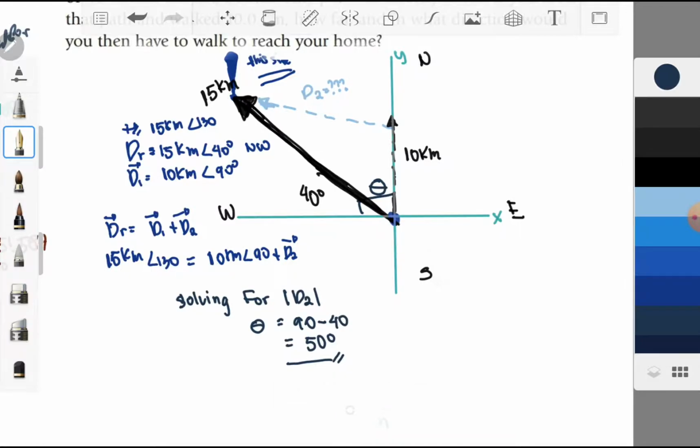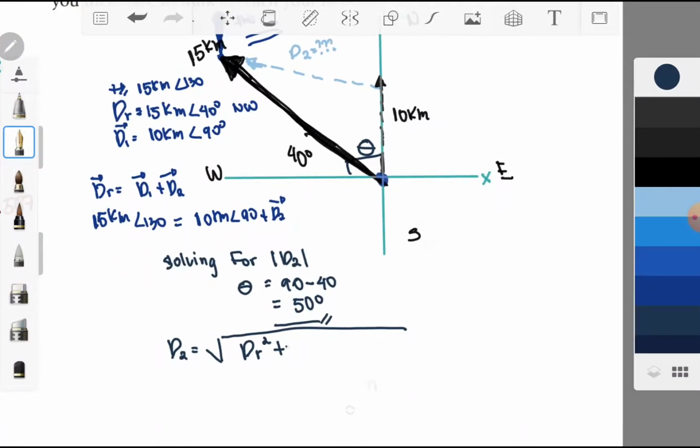So, you'll have your d2 is equal to square root of, from your cosine law, dR squared plus d1 squared minus 2 dR multiplied by d1 cosine theta, wherein our dR squared is equal to the magnitude, which is 15 squared, plus our d1 squared.